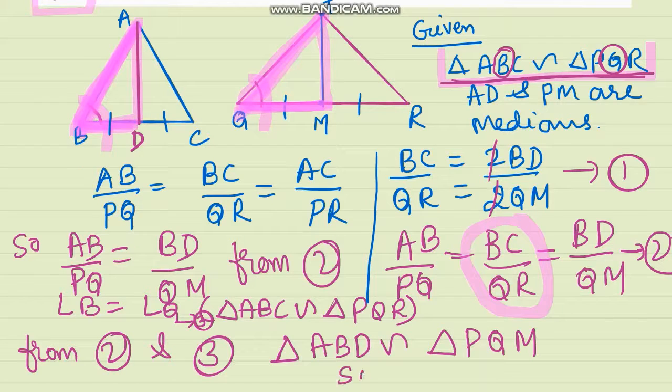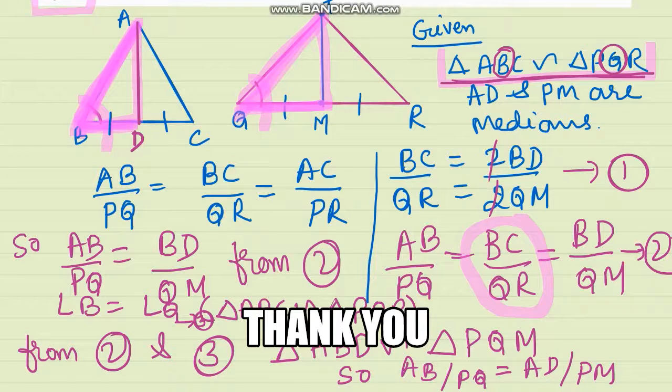So you can say that AB by PQ will be equal to AD by PM. Hence proved.